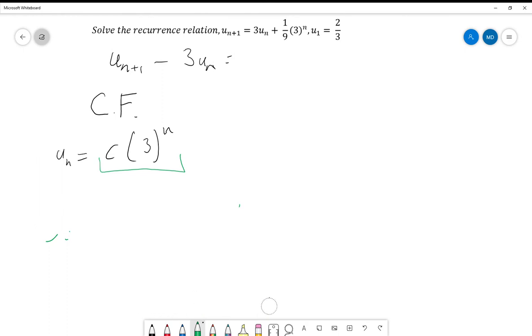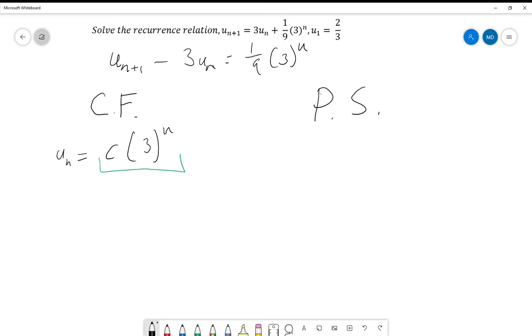And let's go back to the start. So there's a reason I've always been doing the complementary function first. And it's this. If your complementary function is going to share a term with what you want to try as your particular solution, then what you need to do is multiply your particular solution by n so that it is a different function.